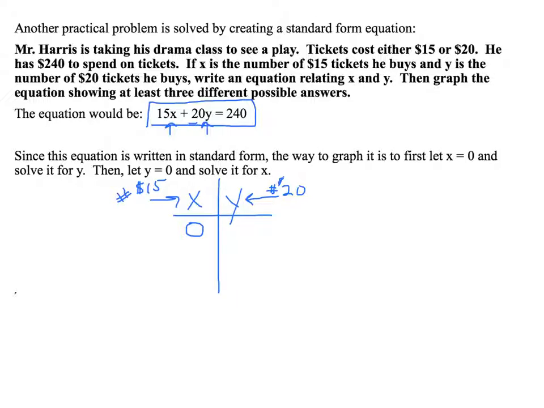If X is equal to 0, that means Y would be 12, doing the math. And if Y is equal to 0, then X would equal 16. So I am ready now to graph that.